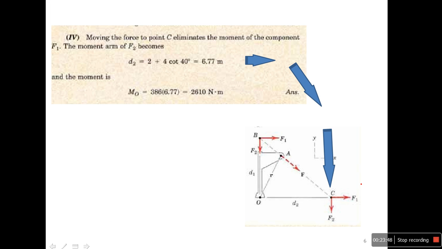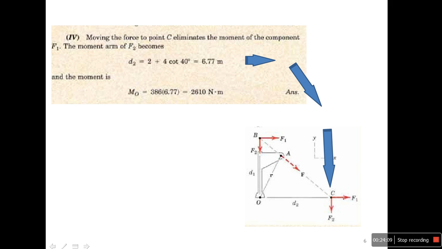Now, if I move the force to point C, here you can see F1 has no moment. Why?